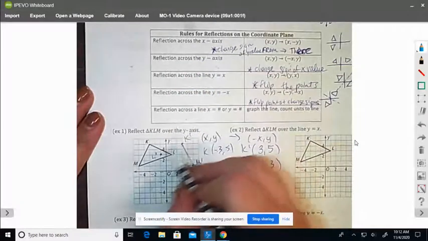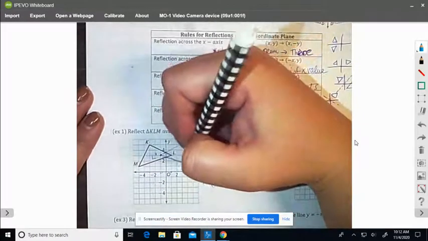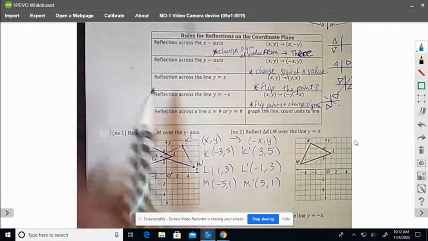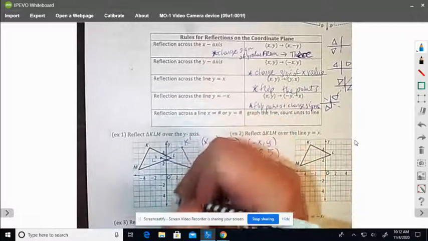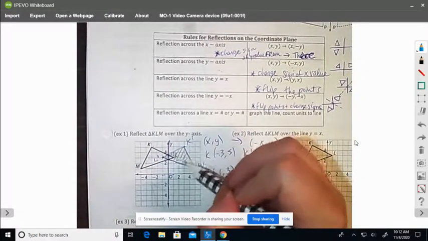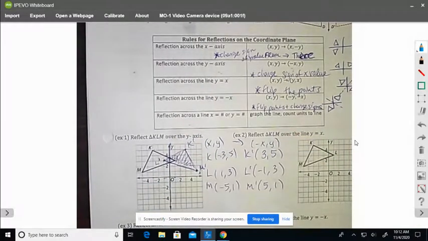And then I just do the same thing like we did with translations. And you'll see now that this shape is just flipped over the y-axis. So this is that line of reflection, and it's flipped right over. Like I told you, I like to shade this one in because it's my image, my final product.